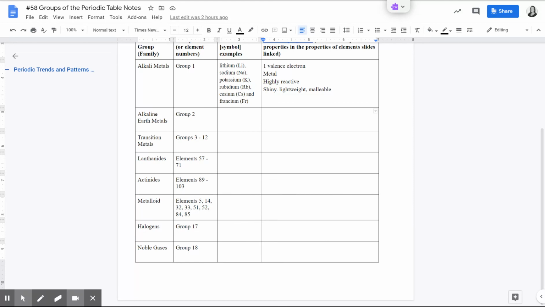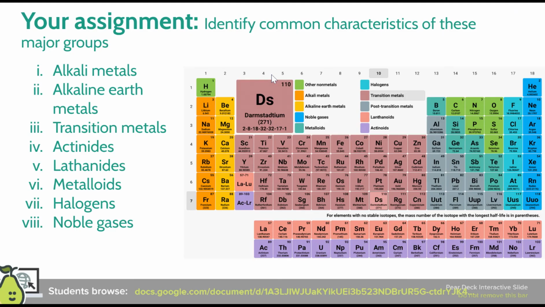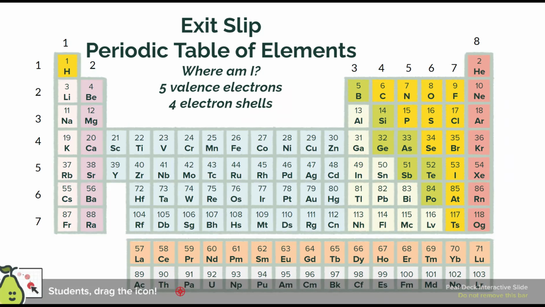To finish things off, if I am an atom that has 5 valence electrons and 4 electron shells, what atom am I? I know this is tricky, and we're going to have plenty of review questions like this over the next couple weeks.